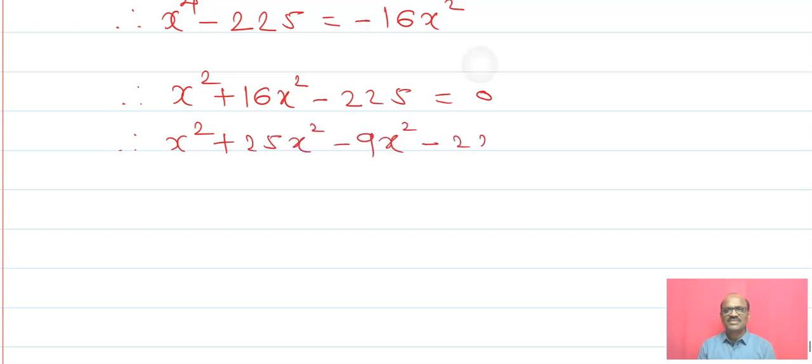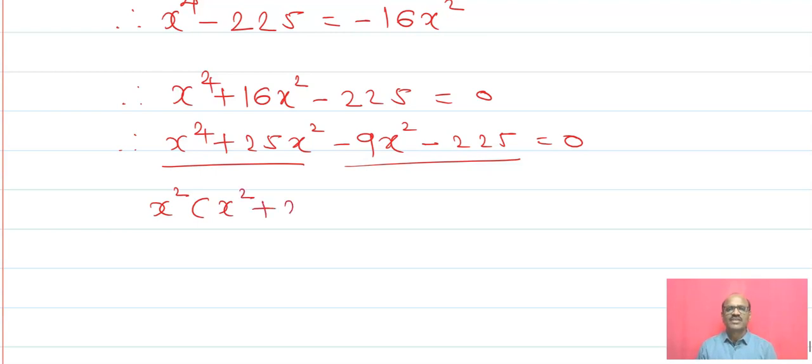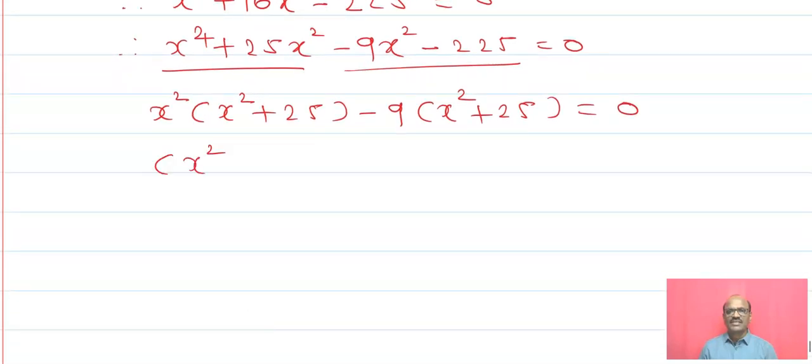There is a small mistake by me. x raised to 4 must be there. Change it: x square in bracket x square plus 25 minus 9 in bracket x square plus 25 equals 0. x square minus 9 in the first bracket and in the second bracket x square plus 25 equals 0.